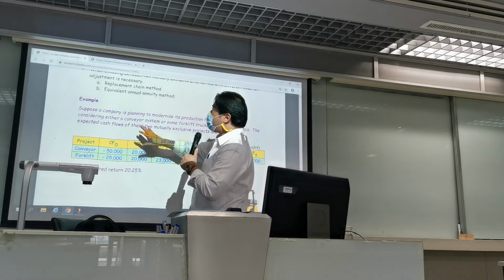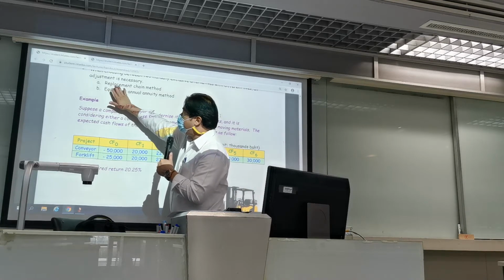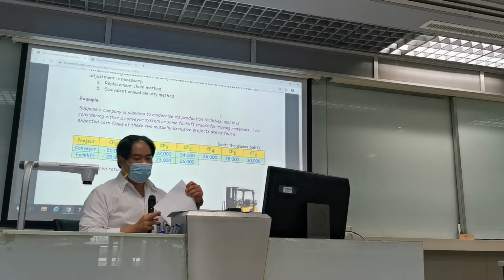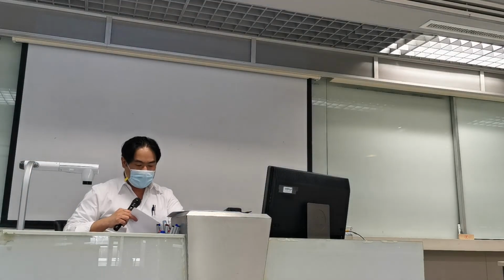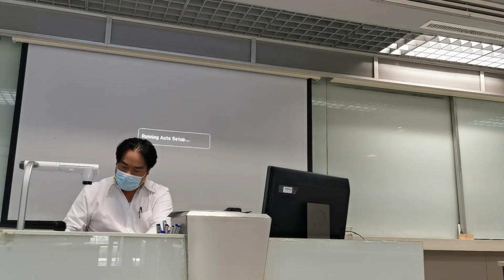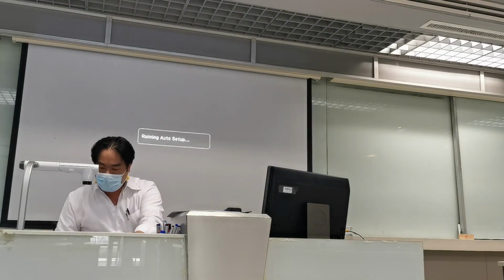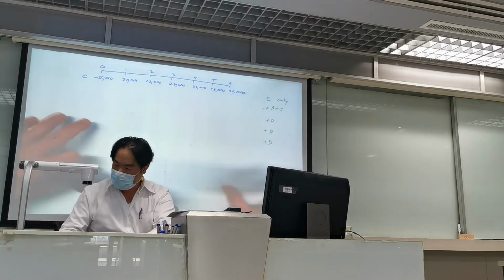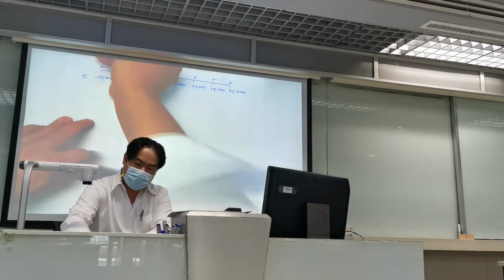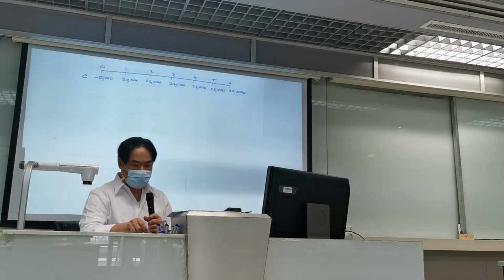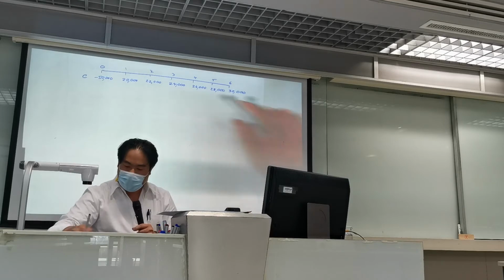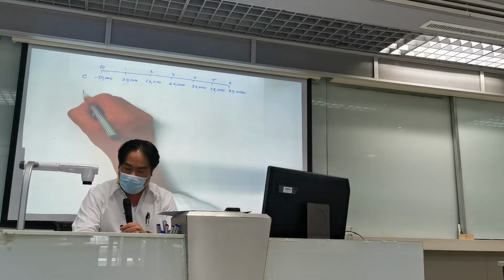First one, we are going to use the concept of replacement chain method. What does replacement chain look like? This is the conveyor project cash flow. This is the forklift.